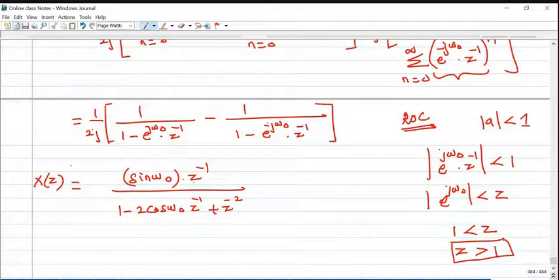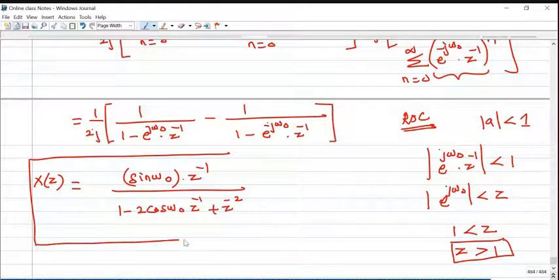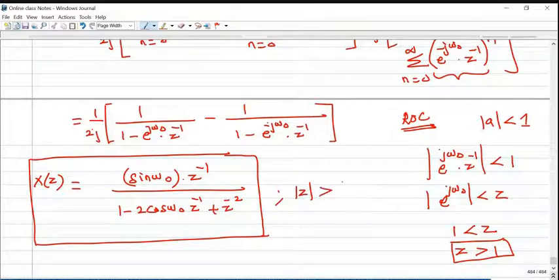Again simplify: e power j theta plus e power minus j theta equal to 2 cos theta, e power j theta minus e power minus j theta equal to 2j sin theta, and simplify, you will get this answer. So modulus of z is greater than 1. Okay, so this is the z transform result of sin omega naught n u of n.